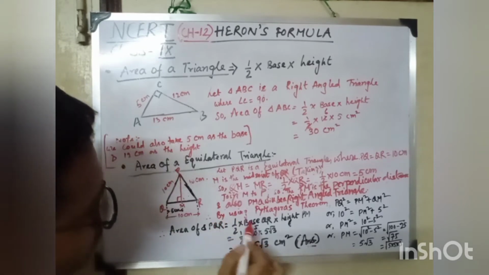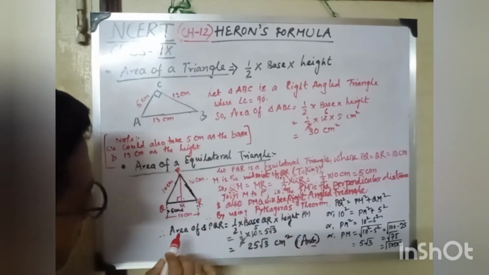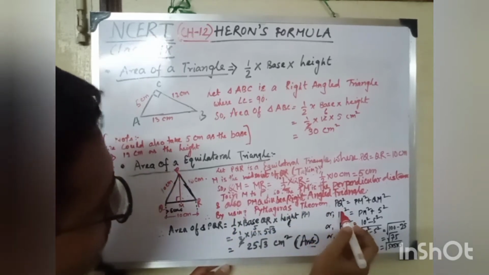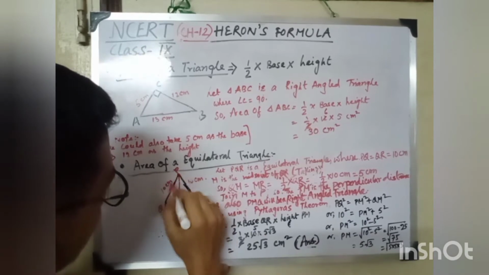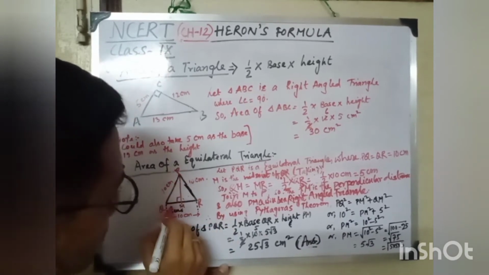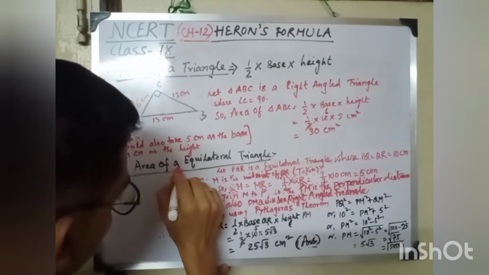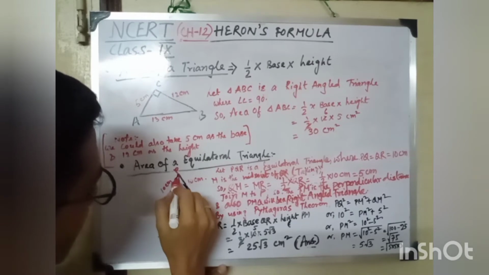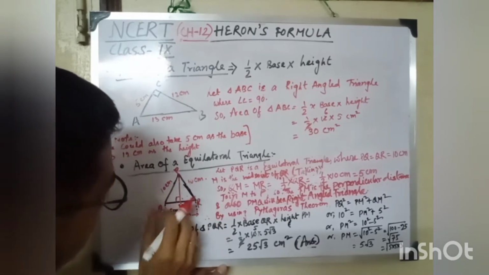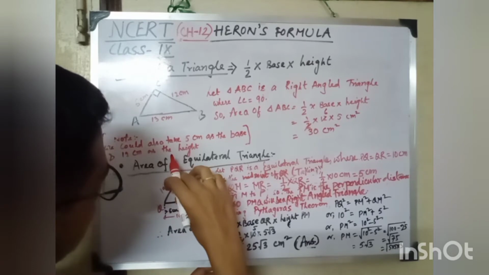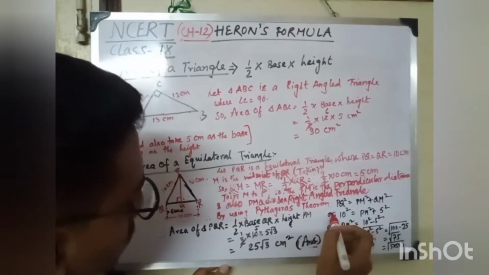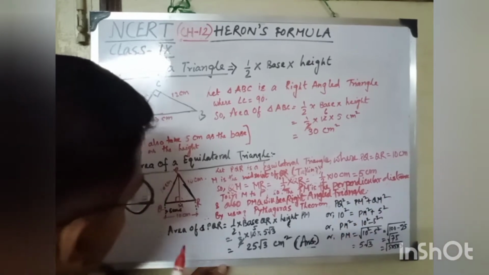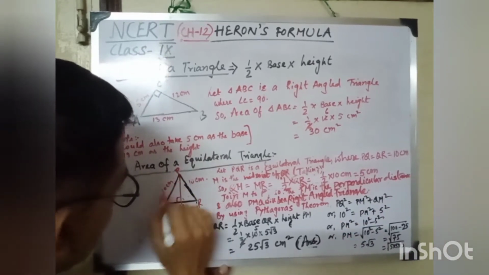Now, by using the Pythagoras theorem in the triangle PQM, we can say hypotenuse square is equal to perpendicular square plus base square. Hence, hypotenuse here is PQ, base is MQ and PM is the perpendicular. So PQ square is equal to PM square plus QM square in the right angle triangle PMQ.